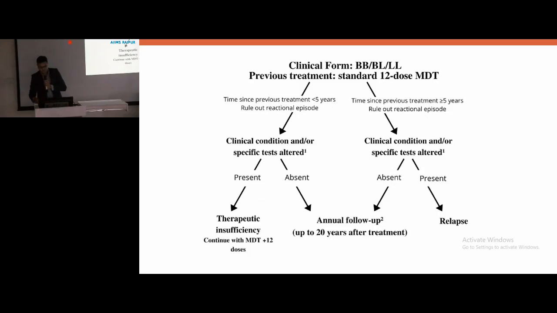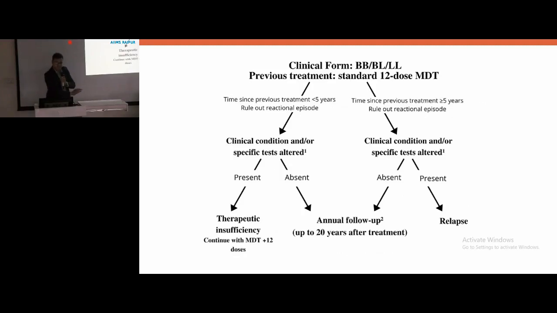Again, that was for pure neural and tuberculoid. It is similar for mid-borderline, borderline lepromatous and lepromatous. Here also, if it was borderline tuberculoid and we treated with 12-month MB-MDT, we will label it as therapeutic failure. Here we are labeling it as therapeutic insufficiency, and we will again give a 12-month course of MB-MDT. That is the difference: we need to make sure what the primary diagnosis was, which pole the patient belonged to.